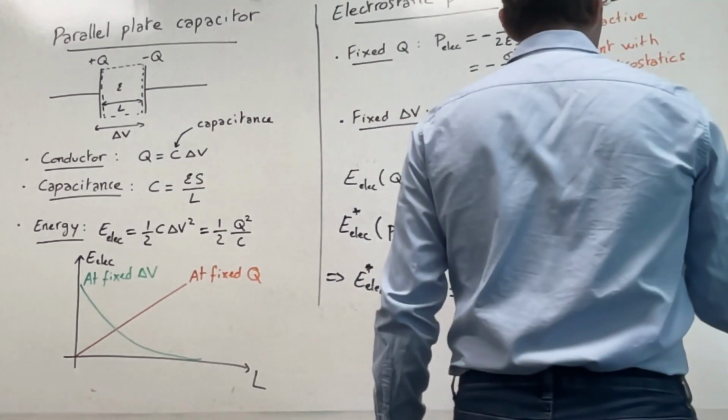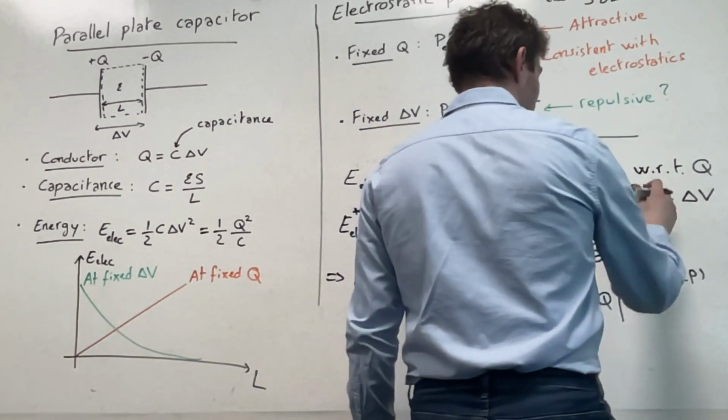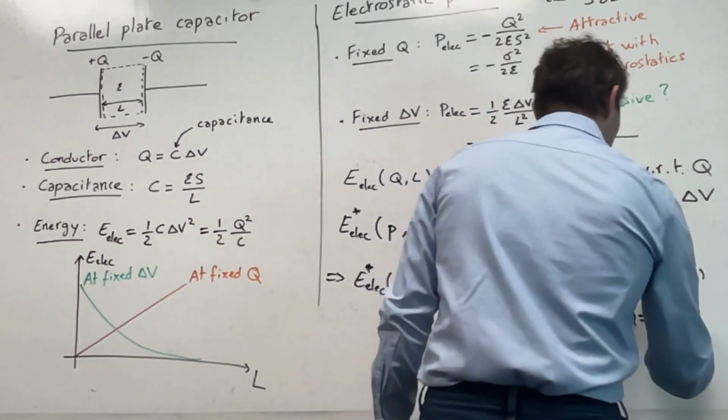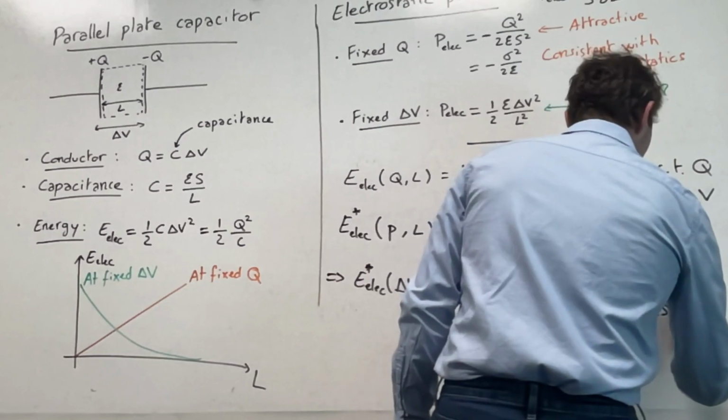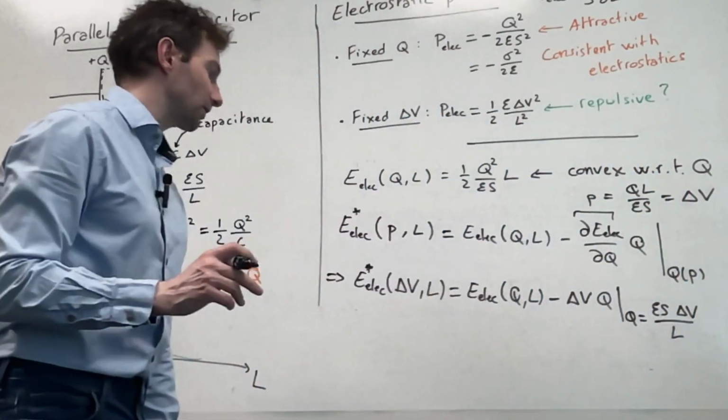So here I had QL over epsilon S, and so that means that Q is equal to epsilon S delta V over L. Okay, so that's what I need to do.